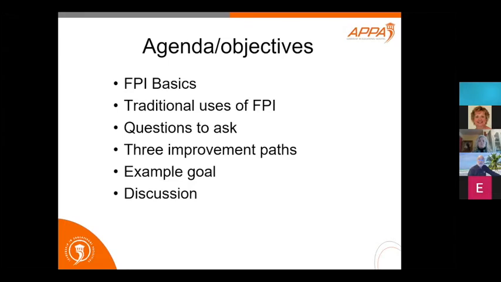We'll talk about questions that you should be asking both on your campus and from the FPI data. We'll talk about 3 improvement paths where you can use FPI data and make things better for your organization. I'll talk about potential goals of those paths and give an example, and then we'll open it up for general discussion.